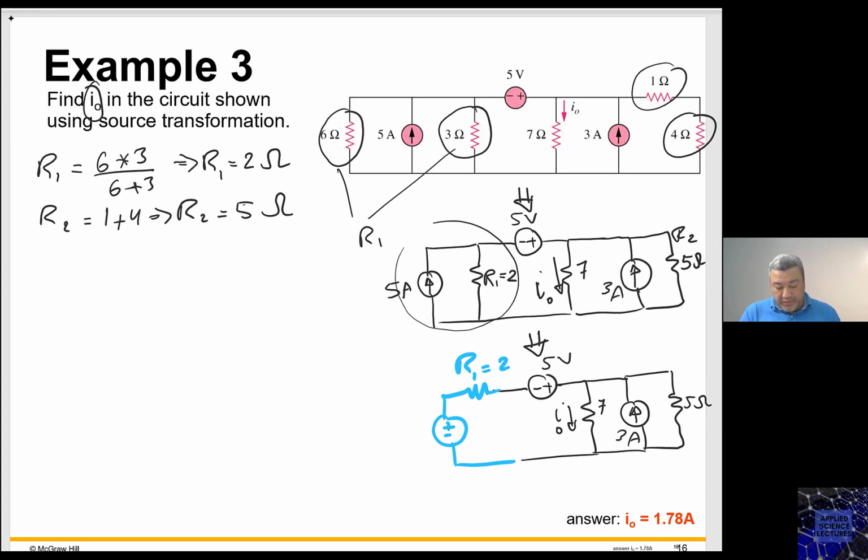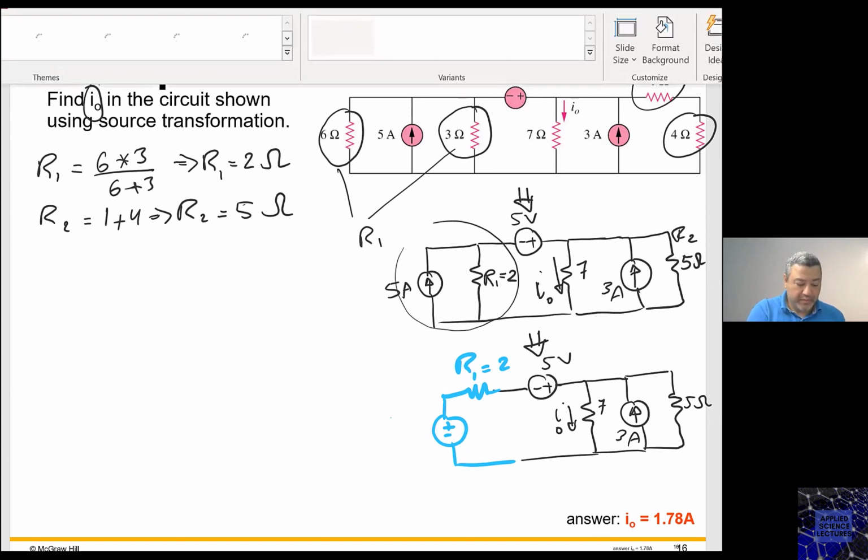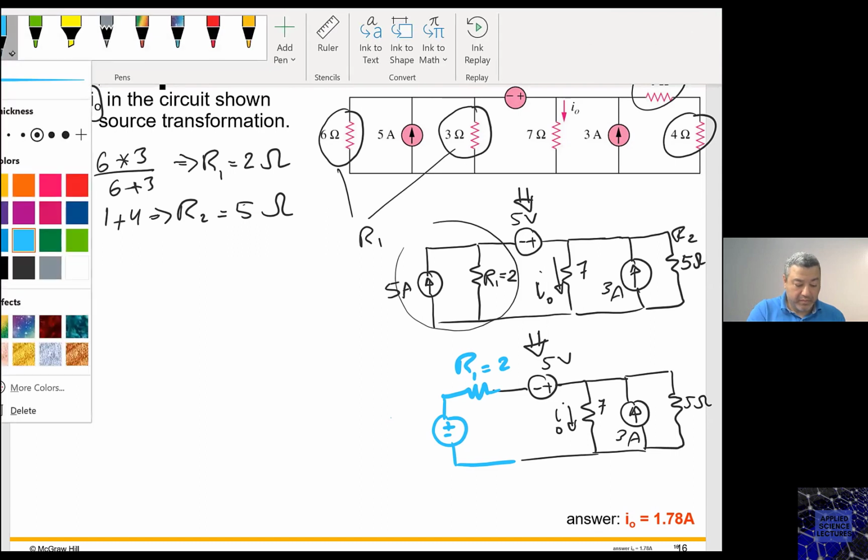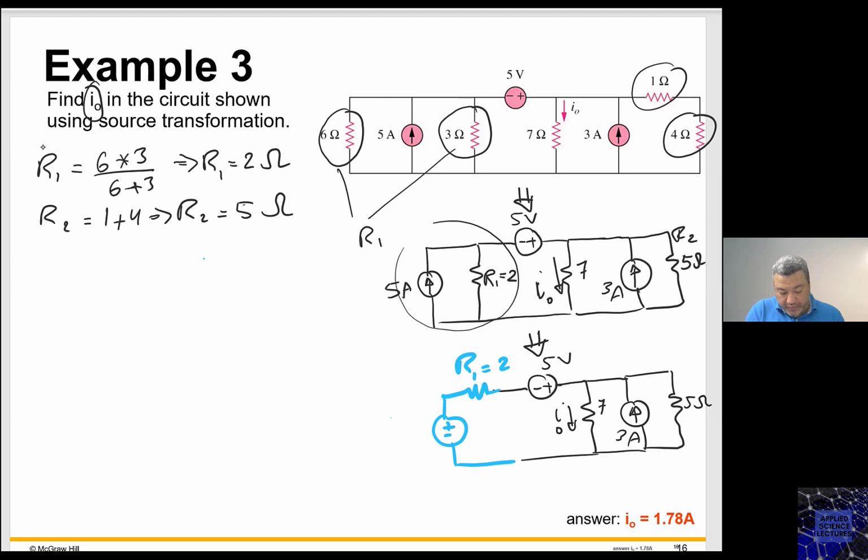Okay. So now we need to calculate this voltage source. It's 5 times 2, right? So here is 5 times 2 equals 10 volts. So this is 10 volts.